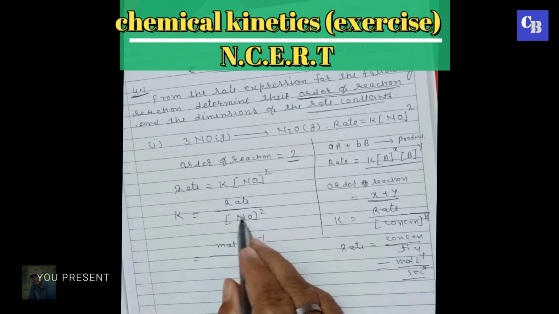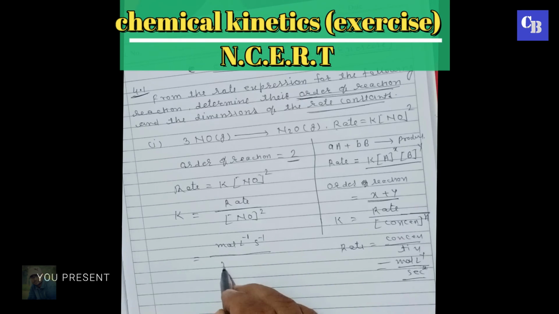Here the concentration of nitric oxide has the unit mole per liter, to the power square.